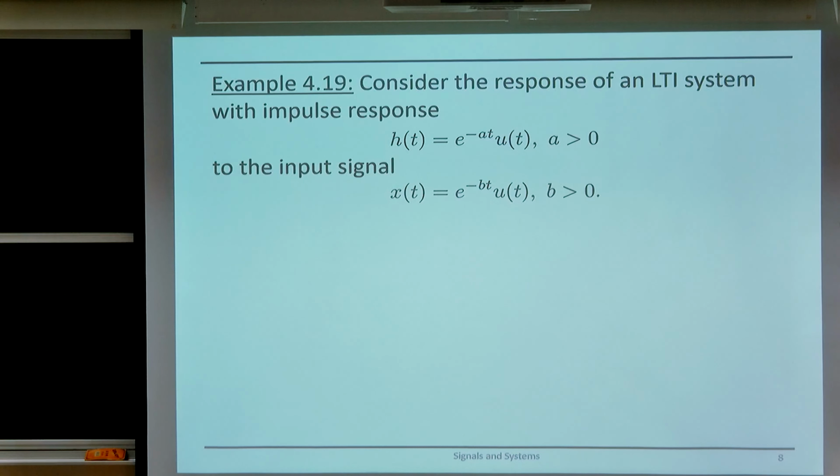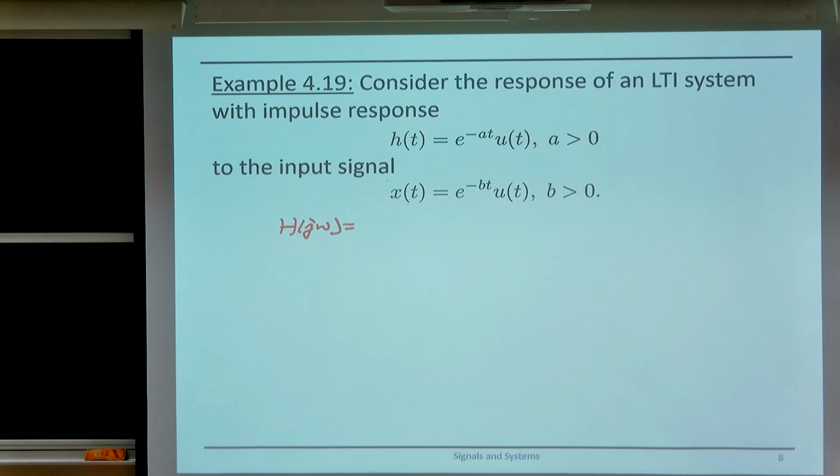So to use the convolution property, we know that the Fourier transform of the output is equal to the Fourier transform of h times the Fourier transform of x. Now we've computed the Fourier transform of this decaying exponential multiple times, so let me just write the result out.